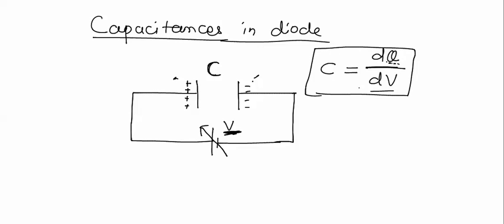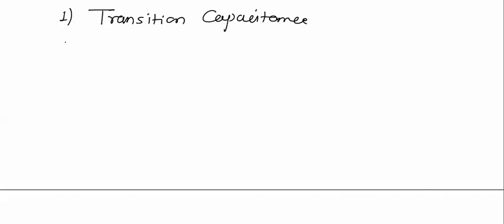Same concept will be applied in PN junction diodes also. There are two types of capacitances in PN junction diode. One is transition capacitance and another is diffusion capacitance.